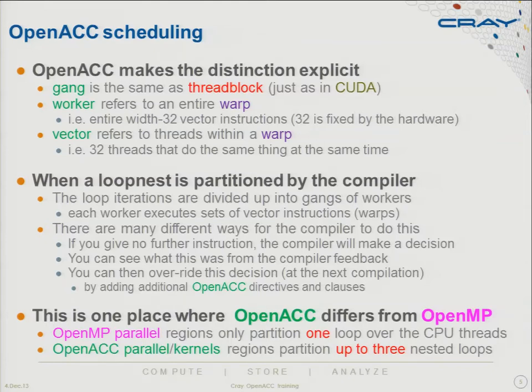There are many different ways to take a group of loop iterations and divide them up in this way. And how this division is done will affect the performance. The compiler makes a default decision. The tuning comes in where you go in and you say, actually, a better division of this work would be this. In OpenACC, more than one loop in the loop nest is divided up. In OpenMP, only the outer loop.